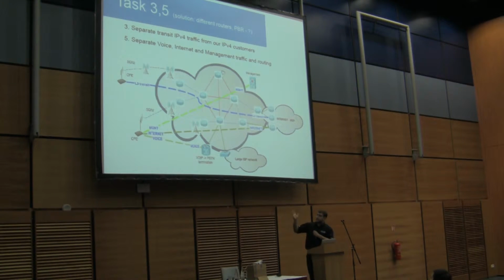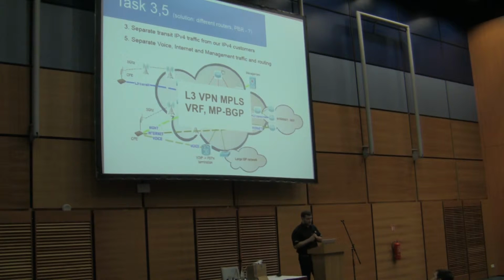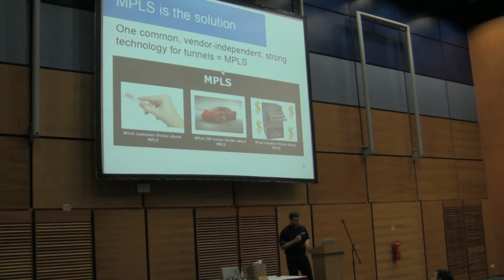And the last tasks will be solved, because everything is about layer 3, everything will be solved with VRF and multi-protocol BGP. So I think it's quite clear that we have to use MPLS. MPLS is the solution: one common, vendor-independent, strong technology for tunnels, to solve all these tasks I described before.